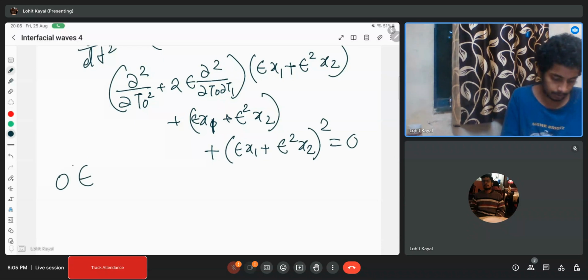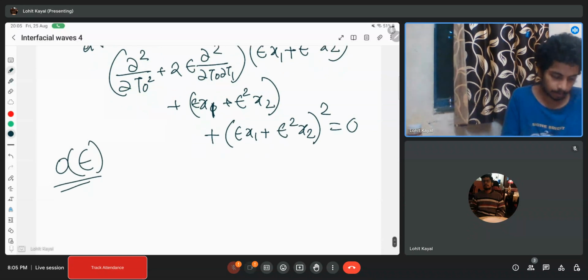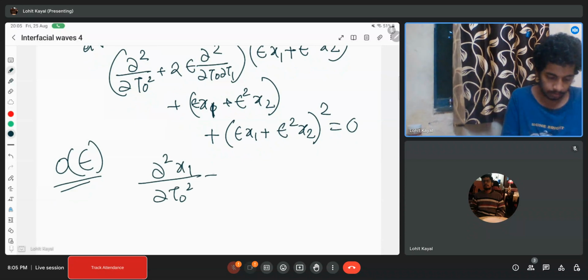Now at order epsilon, what is the equation? Del square x1 del t0 square plus x1 is equal to 0.